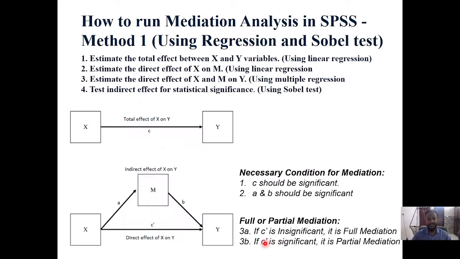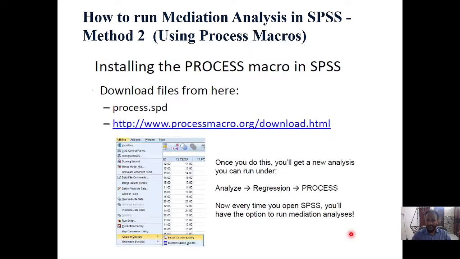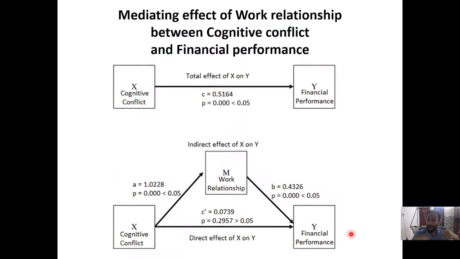If it is insignificant, that means it is full mediation. The logic is: when I introduce this, earlier it was significant, now it has become insignificant. Now I have understood that it is not because of the knob that the milk is boiling; it is because of the flame that the milk is boiling.